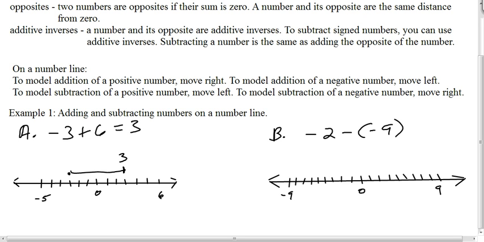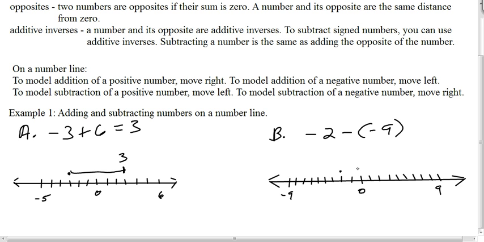Let's take a look briefly at the second one, a negative 2 minus a negative 9. So we're subtracting, but we're subtracting a negative number. Again, start at 0. Which way do you go? Left, because it's a negative 2. 1, 2. This is where you are. Now which way are you going to go? It says you're subtracting. To model subtracting a negative number, you move to the right.